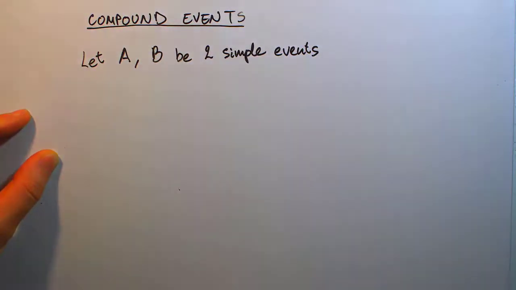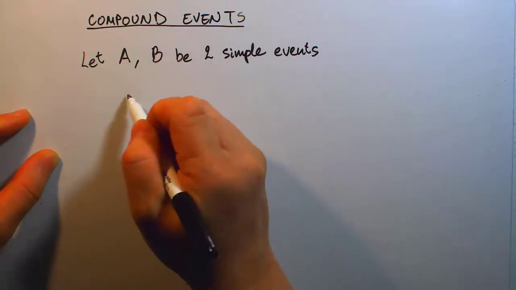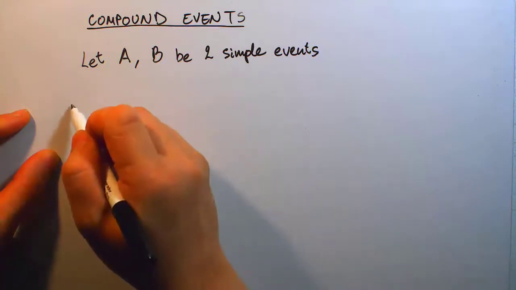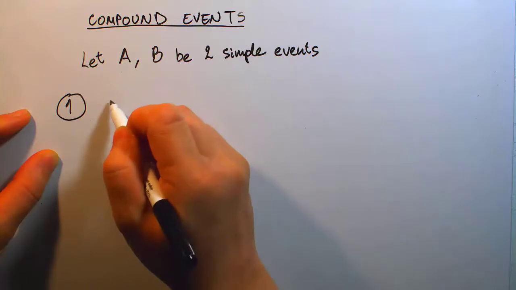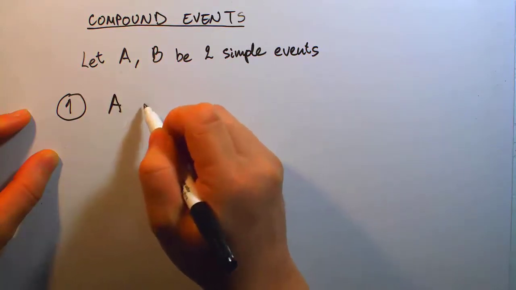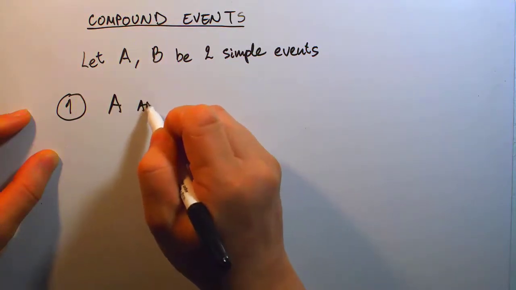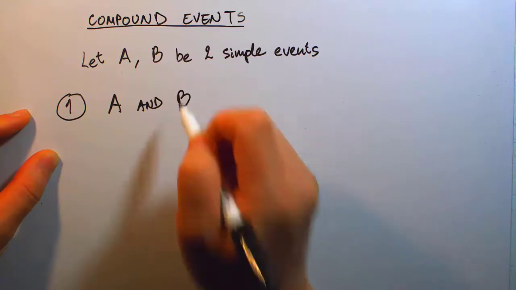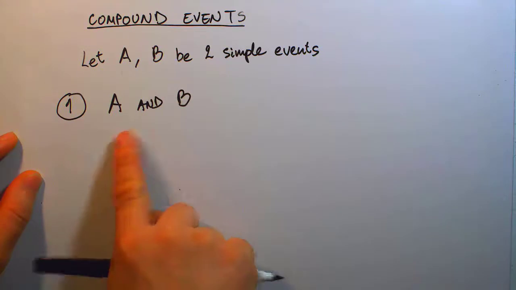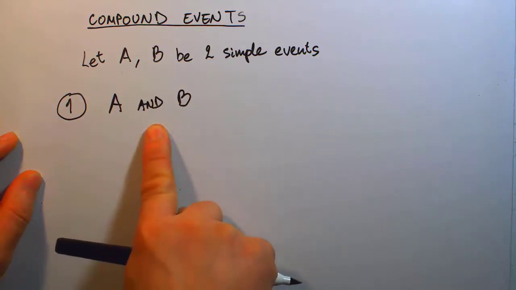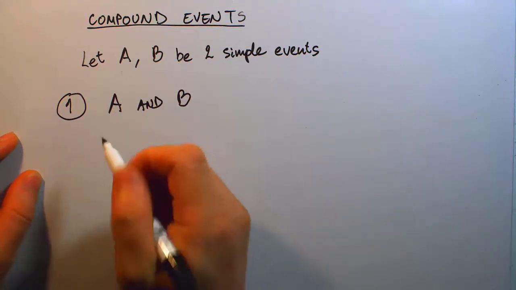Then in our question B of example 2 that we just did, the compound event we looked at was, I would call it form 1 right here, namely it was symbolically A and B. So that was the kind of compound event connecting two simple events, any two simple events, by the AND logical keyword.